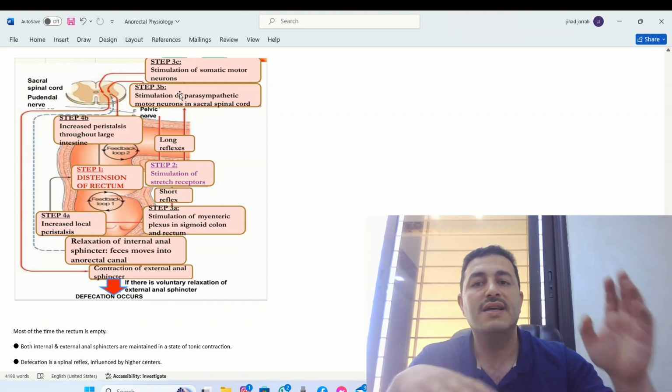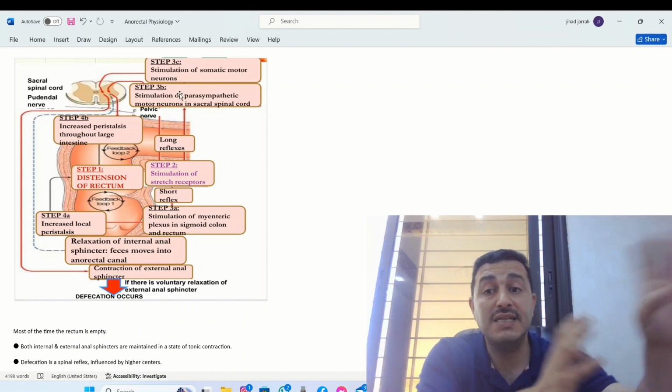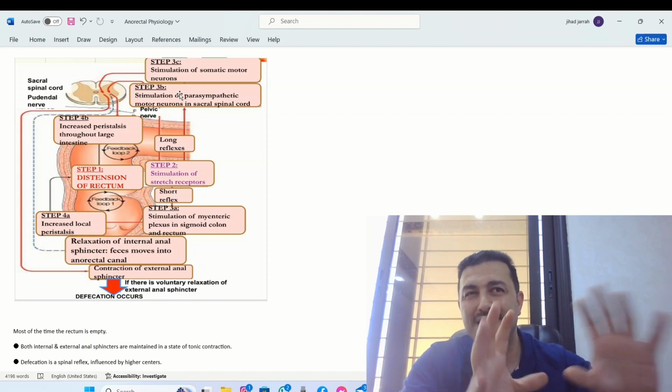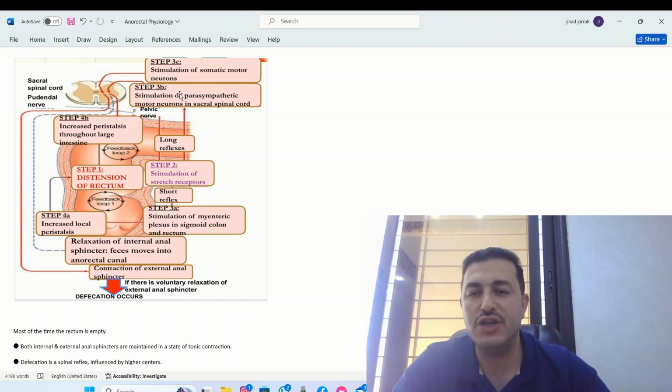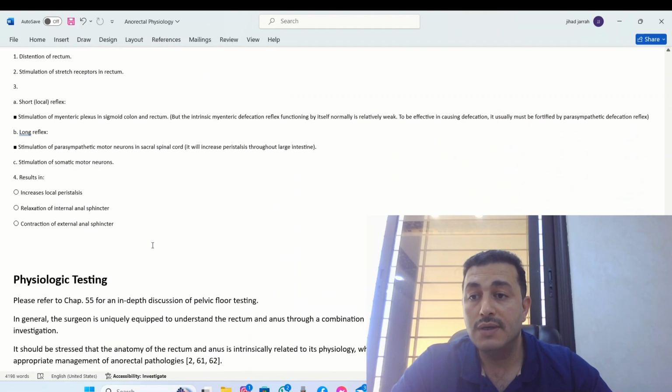The long reflexes include the gastrocolic reflex, which will enhance the mass movement of the colon, so peristalsis is increased before defecation. Finally, there is relaxation of the internal anal sphincter and contraction of the external anal sphincter if it is acceptable to defecate, so relaxation of the external anal sphincter is under voluntary control.